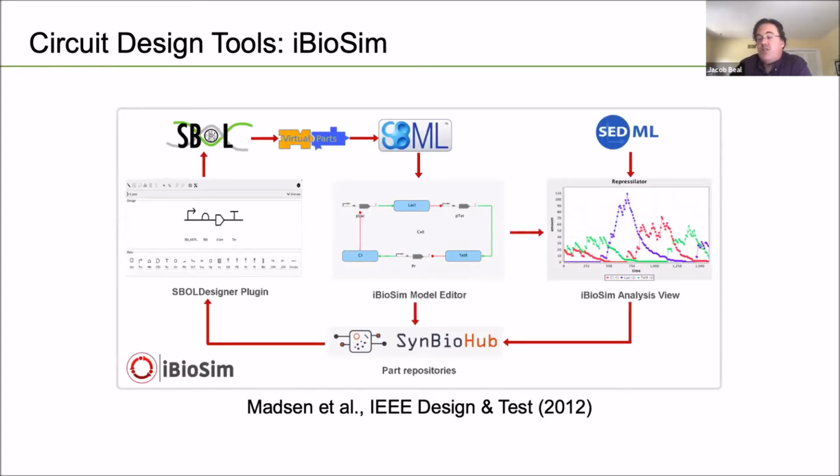SBOL talks with the Systems Biology Markup Language through tools like iBioSim and connects to that whole modeling side of the world. So that's just a sample of a few of the types of tools that are out there.